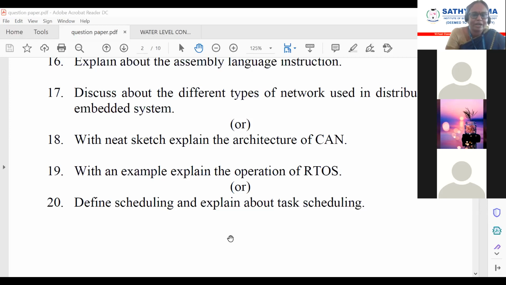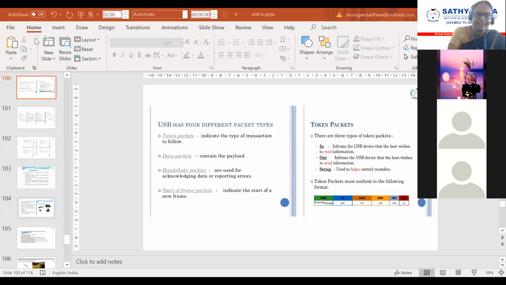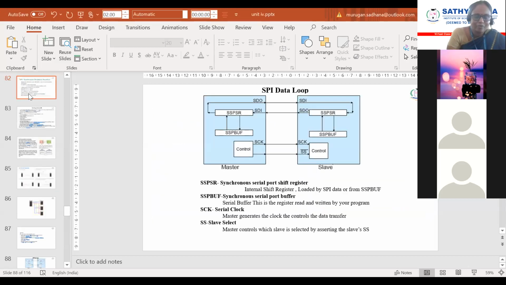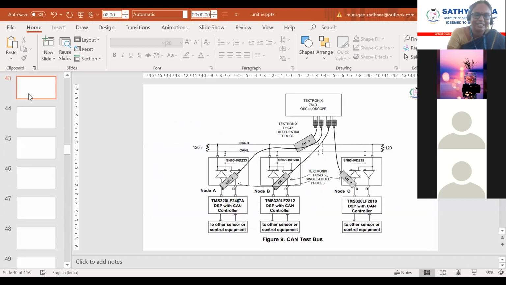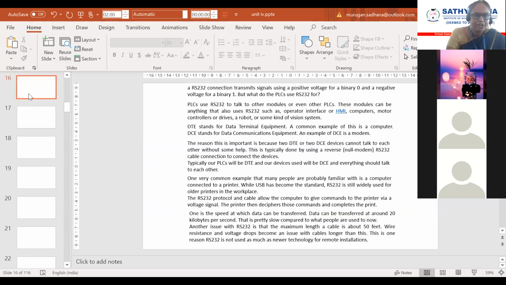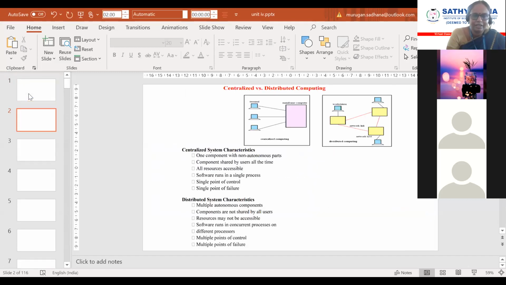Different types of network used in distributed embedded systems. What are the different types? While starting itself, I have taught you what is a distributed network, what is a centralized network. Did you forget everything?